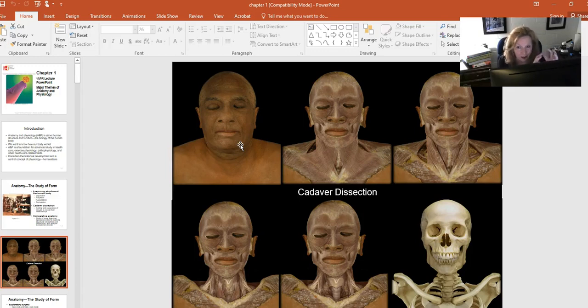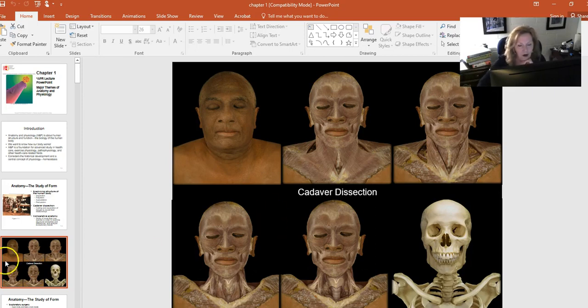And then again, we're using anatomy to help us to understand physiology. So combining those two, using the human cadaver is by far one of the best ways that we can study human anatomy and physiology.